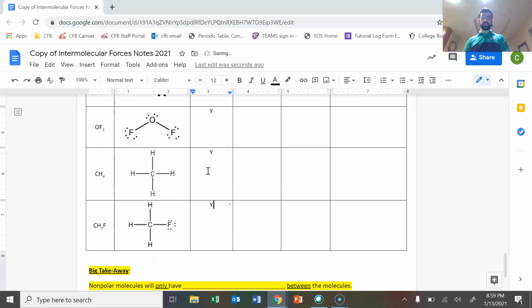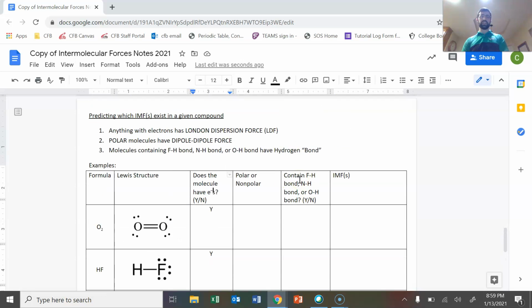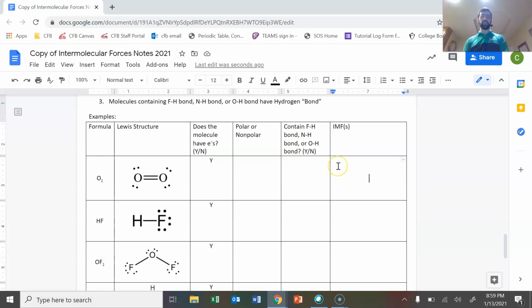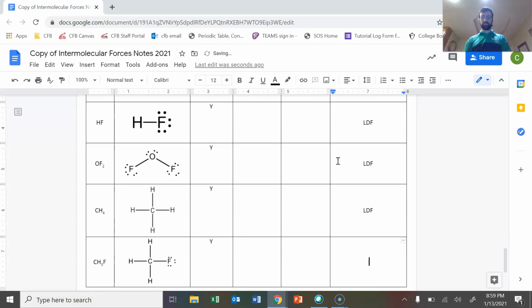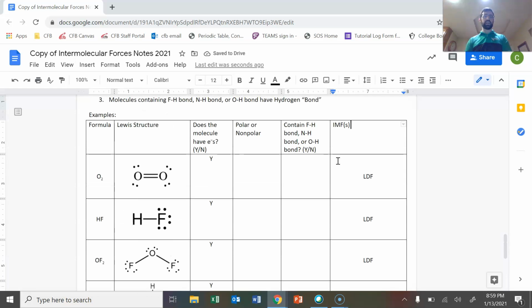Well, the reason we ask that is because if it has electrons, there's one of these that is present, and it's LDF. So we could go ahead and say right now that one of the IMFs it has is LDF. All of them. And the reason is because they have electrons.